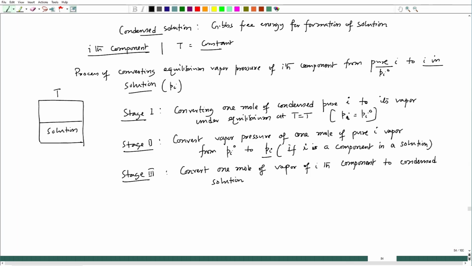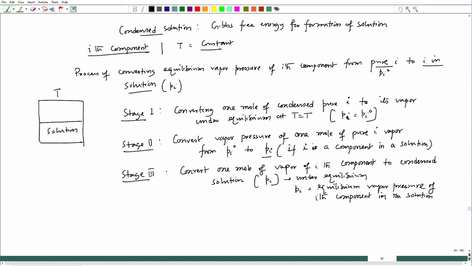So, here P I is a particular pressure, that means P I should have been my equilibrium vapor pressure when it is in solution. So, this is also under equilibrium. Why? Because since it is under equilibrium, P I becomes the equilibrium vapor pressure of ith component in the solution.